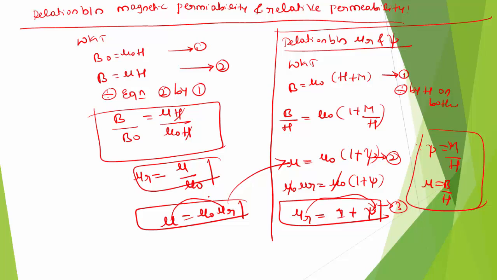That's why some topics like diamagnetic substances, paramagnetic substances and ferromagnetic substances are deleted. I think in this year 2 to 3 marks are allotted for this topic. It is a very small and very easy topic.